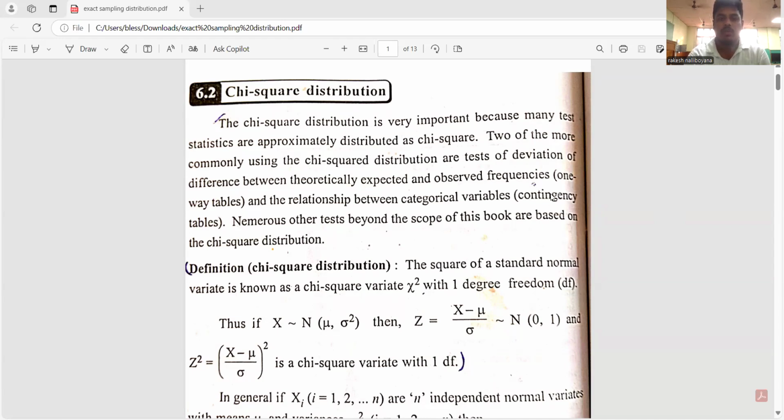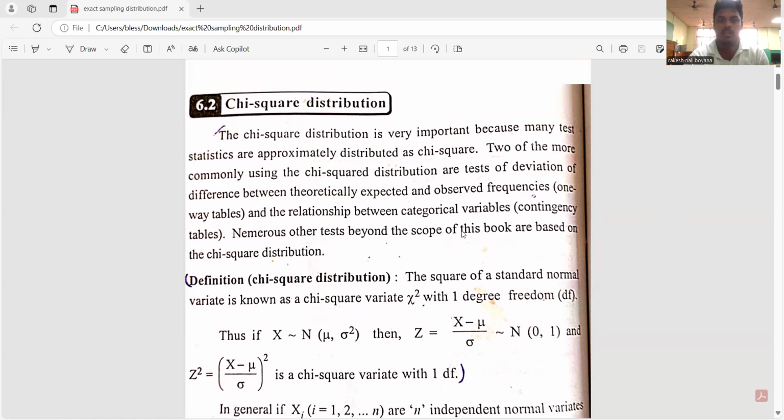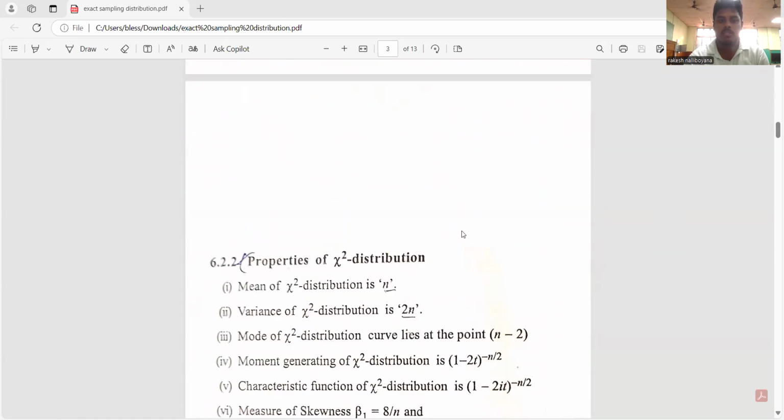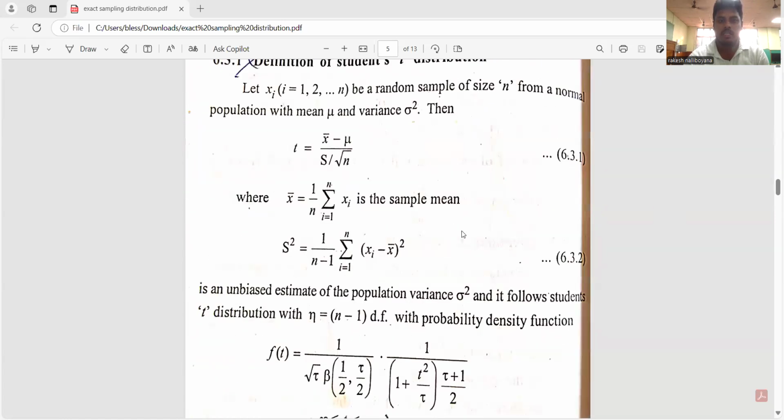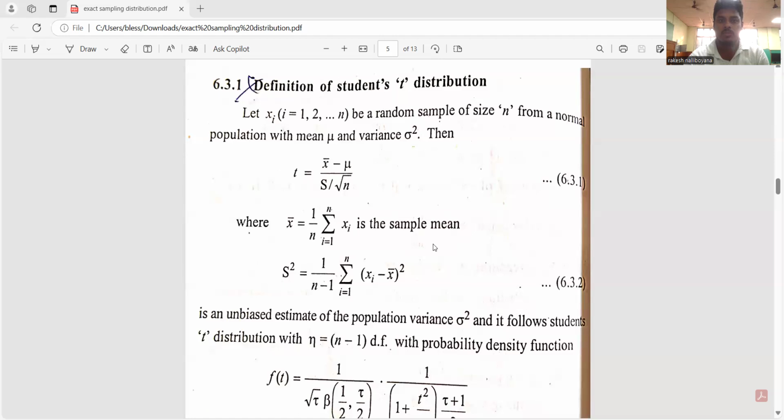Today we are going to discuss exact sampling distributions, which is a very important topic in statistics, especially in statistical inference. It plays a very crucial role. The chi-square distribution is one of the important distributions in exact sampling distributions, and another is the Student t distribution, which also plays a major role.